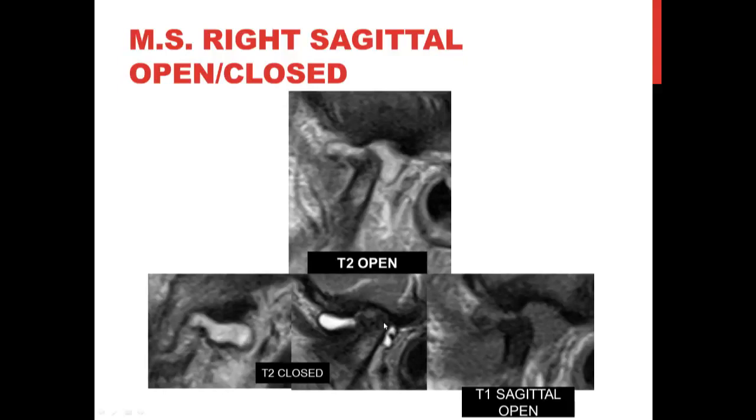We also have these little black spots over here which relate to osteonecrosis. So when I take a look at the T1 image, I see the black spots over here and the black spots on the T2. That's osteonecrosis.